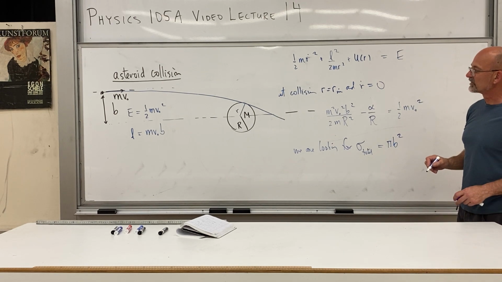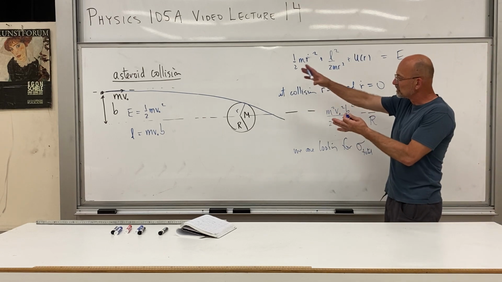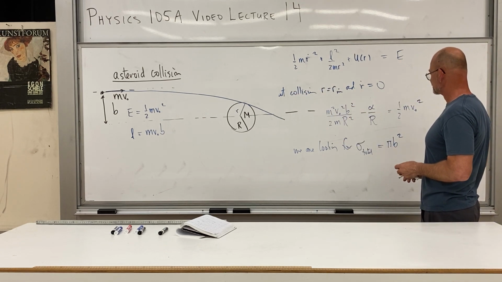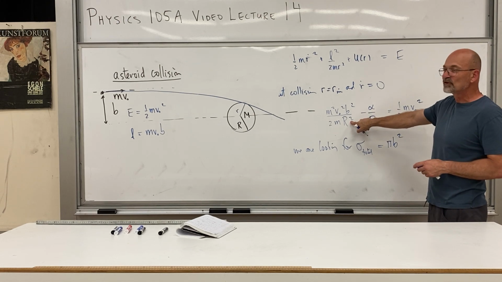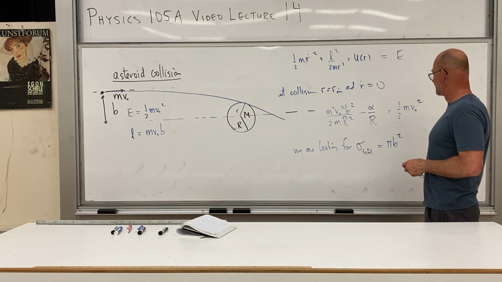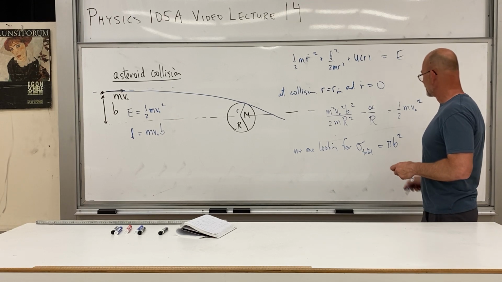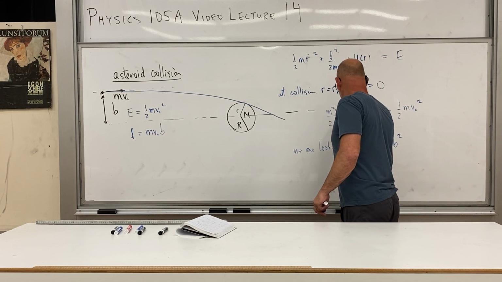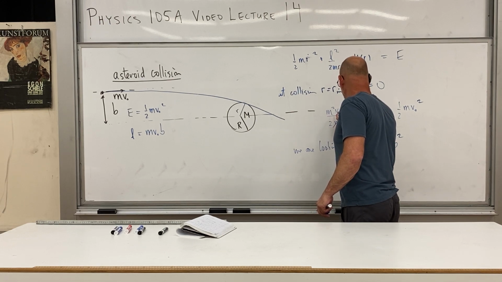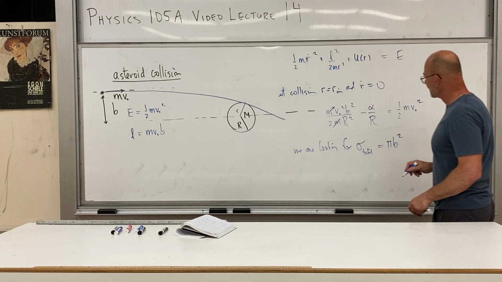That would be the total cross section for which a collision occurs. So really we just have to solve this expression for b squared and see what happens. Okay, so let's do that. First of all, we've got rid of an m right there.